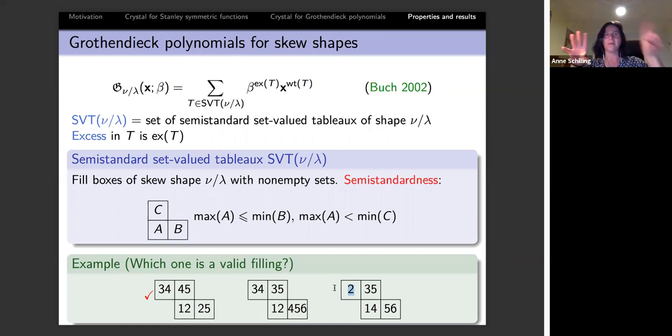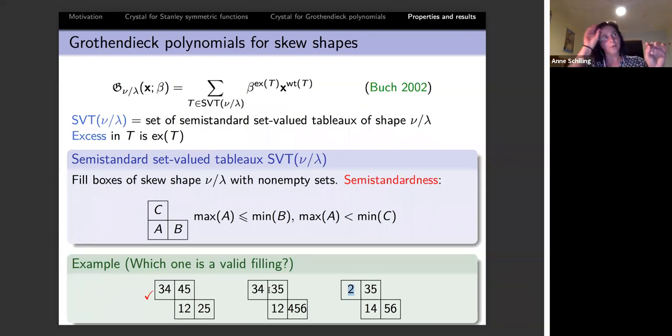So this Edelman-Greene insertion was a crystal isomorphism. And for these set valued tableaux, there is an insertion algorithm called the Hecke insertion. Monical, Pechenik, and Scrimshaw have a crystal on the set valued tableaux, but it was not well behaved with respect to this Hecke insertion. I will mention that at the very end if I have time.